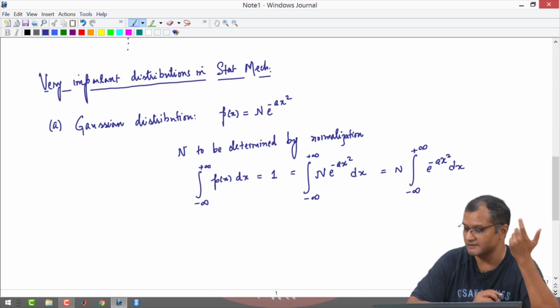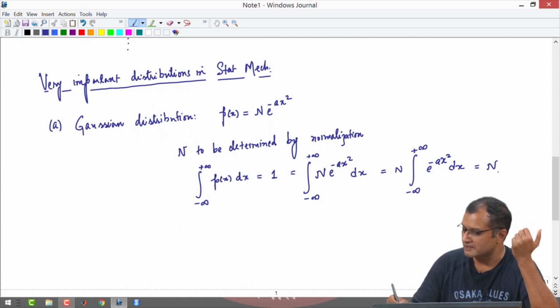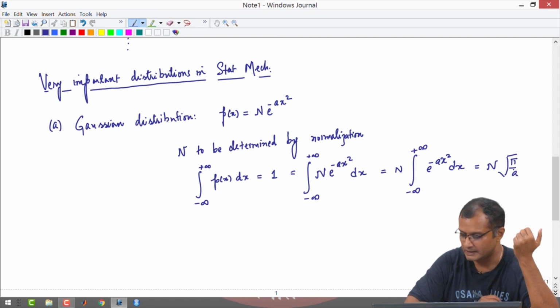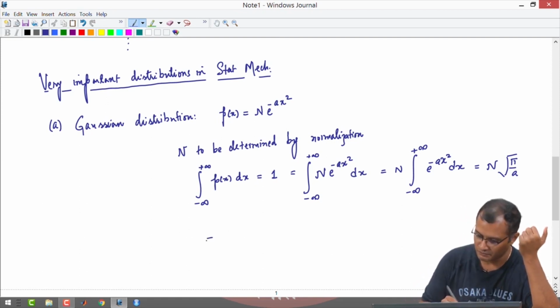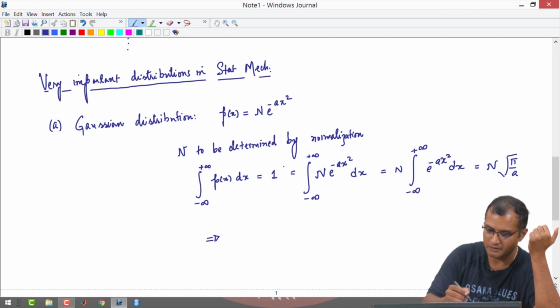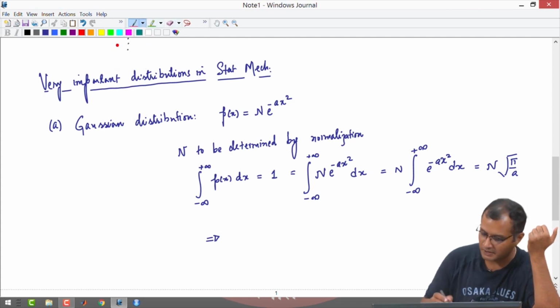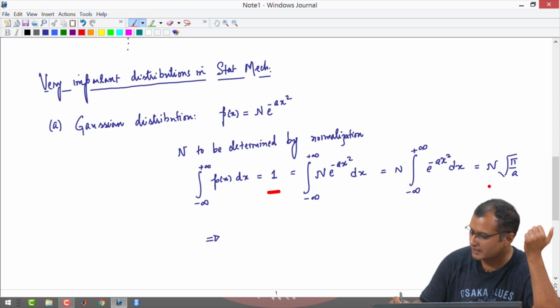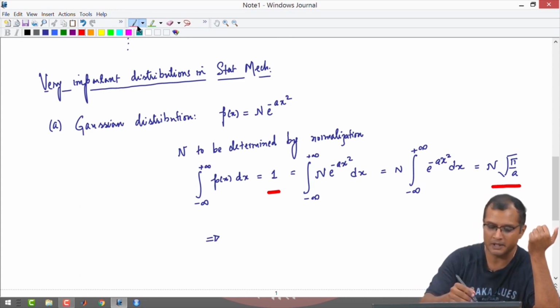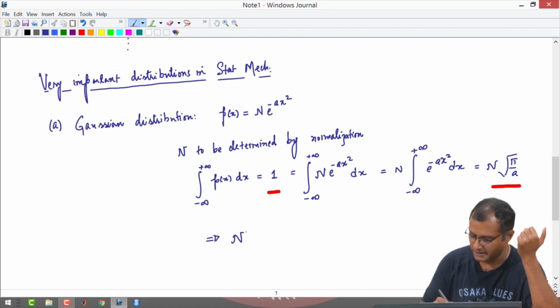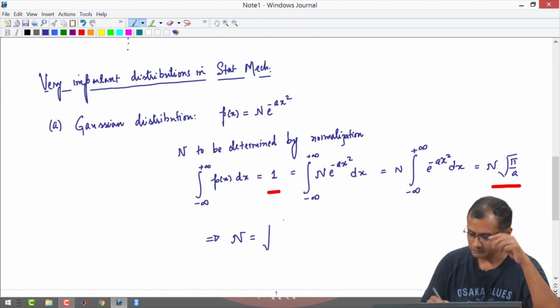Now, if you know the result of this Gaussian integral, you can simply substitute that result, which is square root of pi by a, and that gives you your n. So, you can compare this 1 here and n into square root of pi by a and write down the value for n. So, comparing, our result for n is nothing but a by square root of pi.